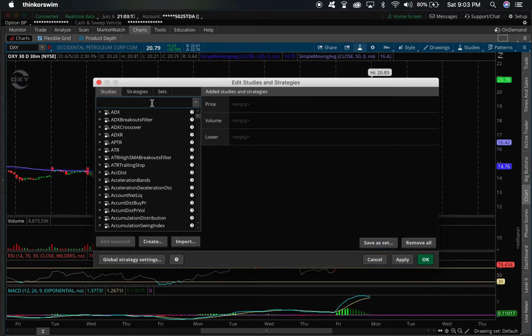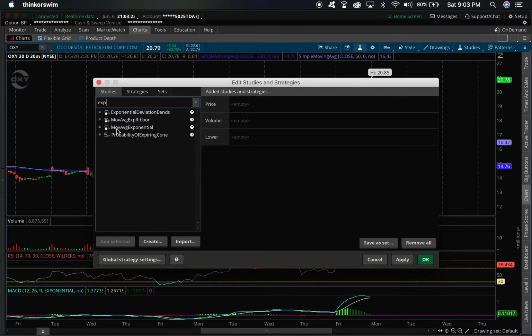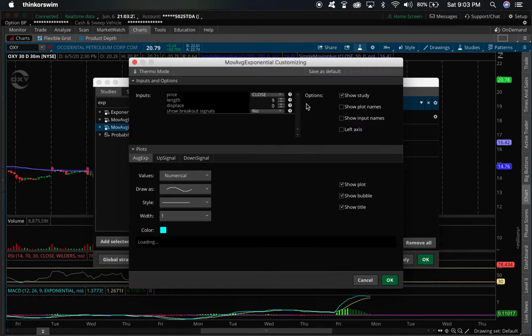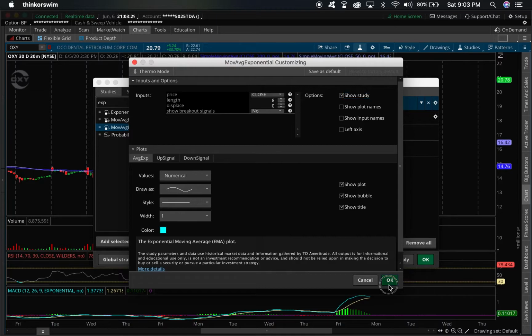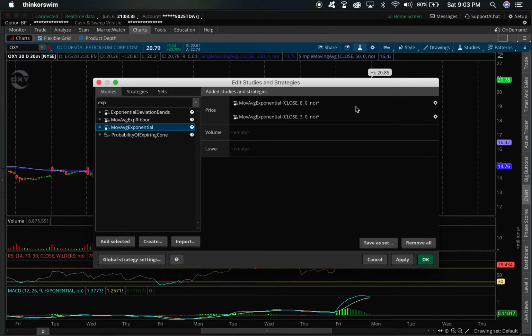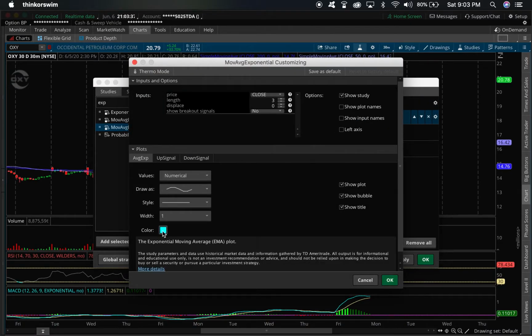We are going to look for the moving average exponential, or you can just type EXP for exponential. This is the one you want. Add 2 of them in there. He does the 8 and the 3, I believe. I'll make my 3 yellow, so I know that the 3 is the yellow.